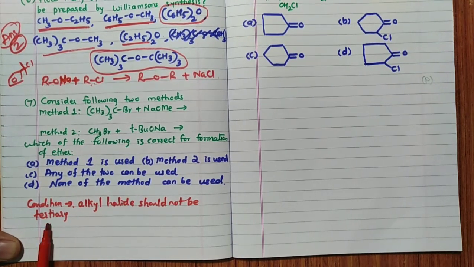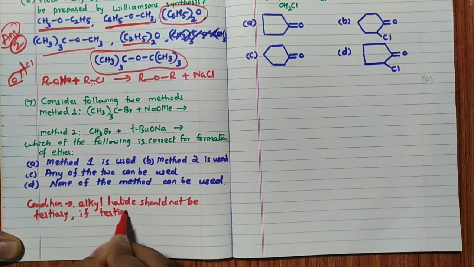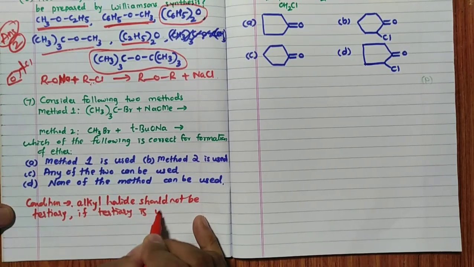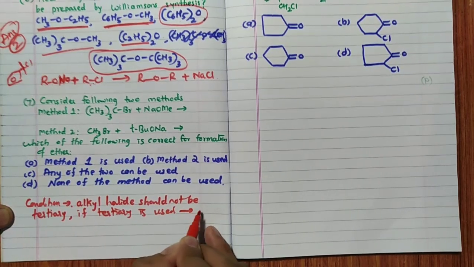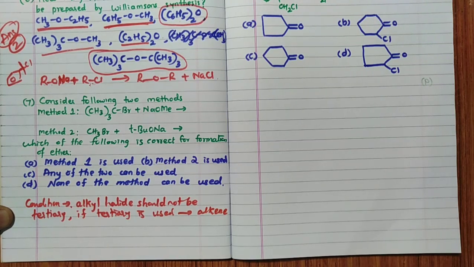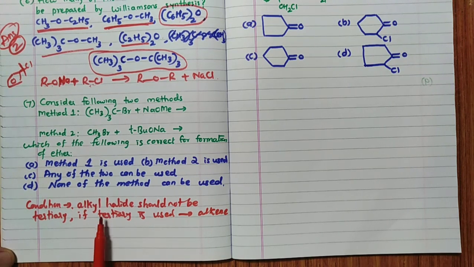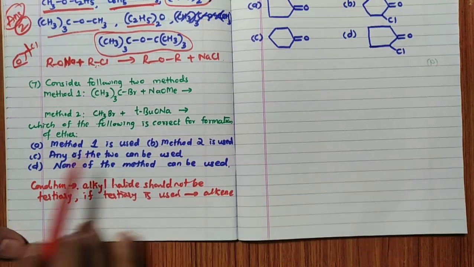If tertiary is used, this is going to form an alkene as the product. There, elimination wins over substitution. In this case, elimination wins over substitution. How? I will tell you.